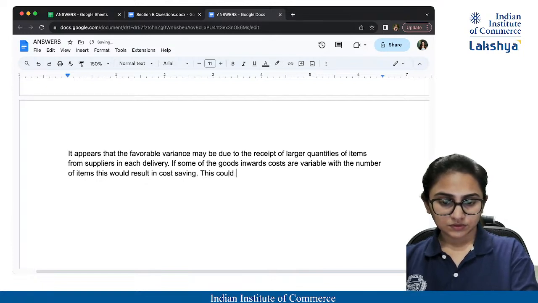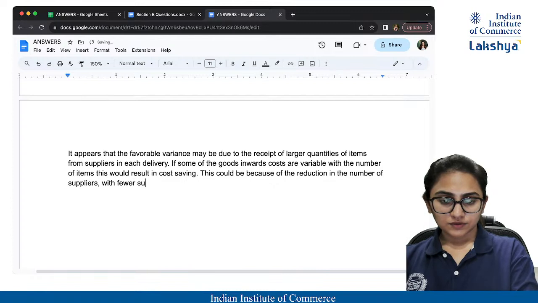This could be because of the reduction in the number of suppliers, with fewer suppliers individually supplying more items.